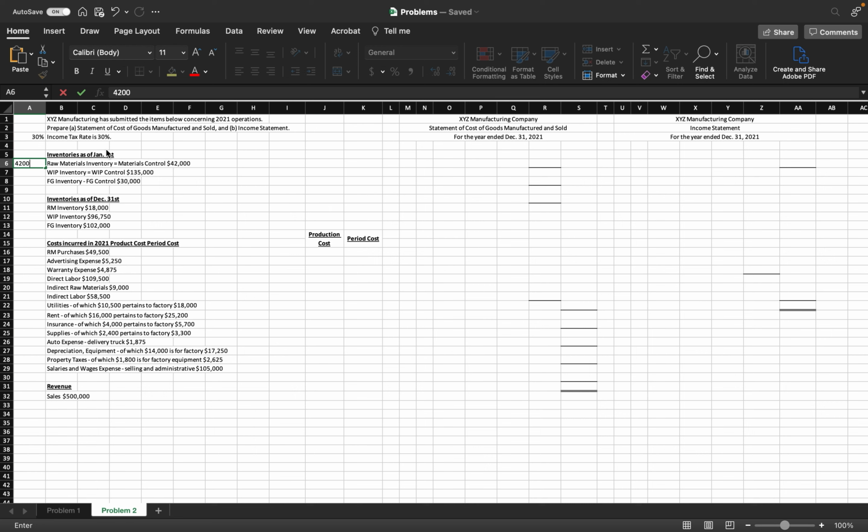The reason that I do this is so that I can then reference the cells. I can either put them in column A for some things like that, but for this particular problem, it'll make more sense if we put them over here, because some of the costs incurred I'm going to need to break apart into production costs versus period costs.